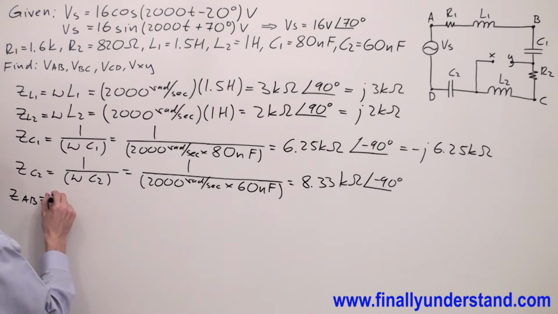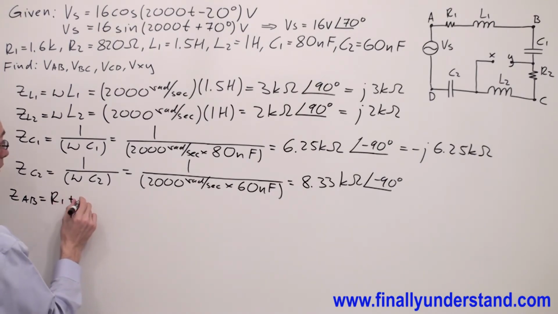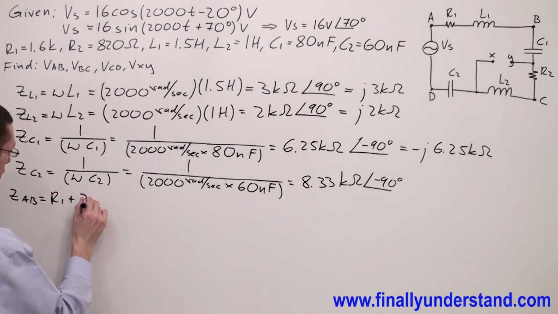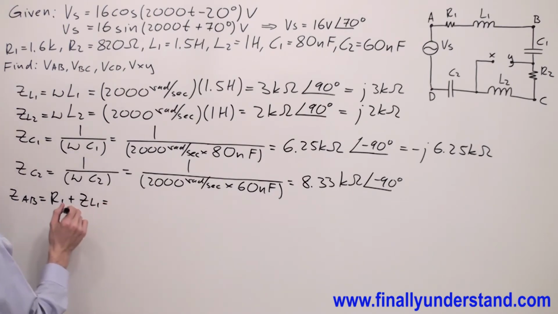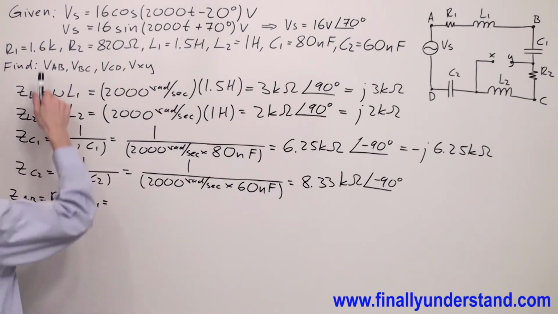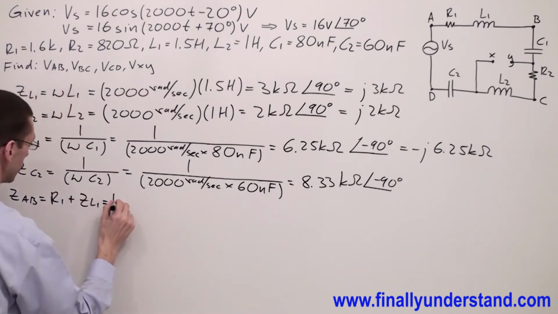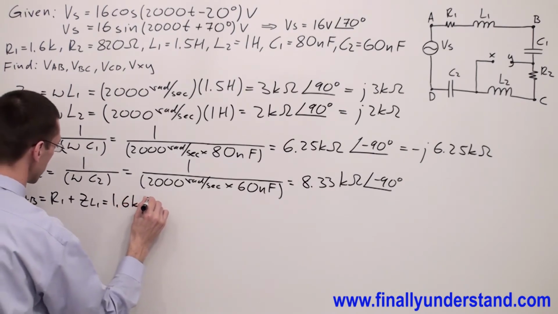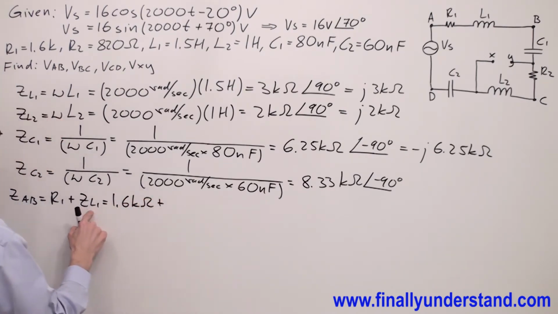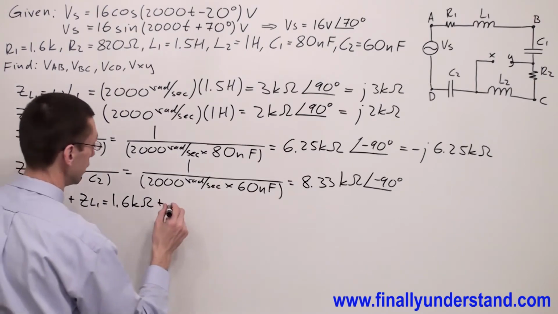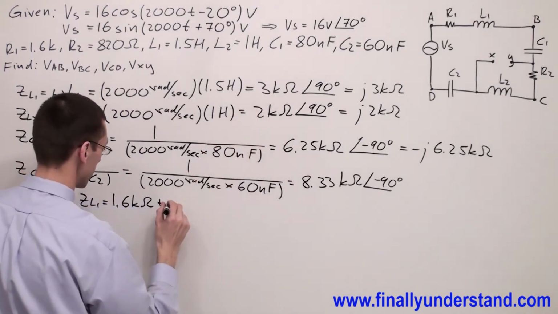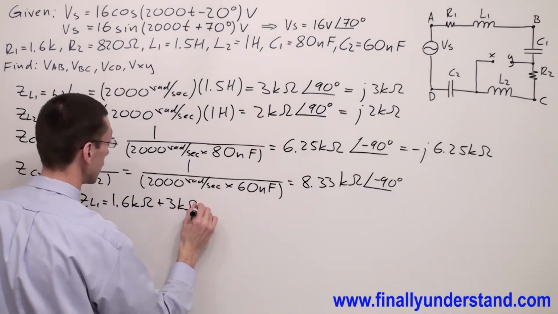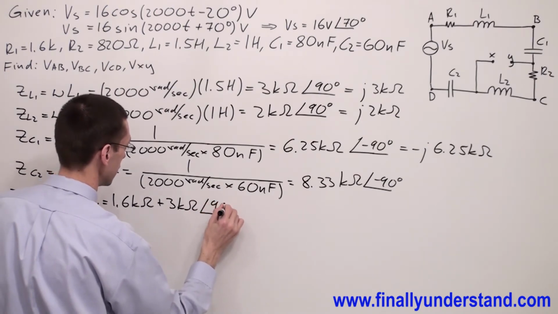So I'm supposed to say this is equal R1 plus ZL1, where R1 is given is 1.6 kilo ohms plus ZL1, which is equal over here 3 kilo ohms and angle of 90 degrees.